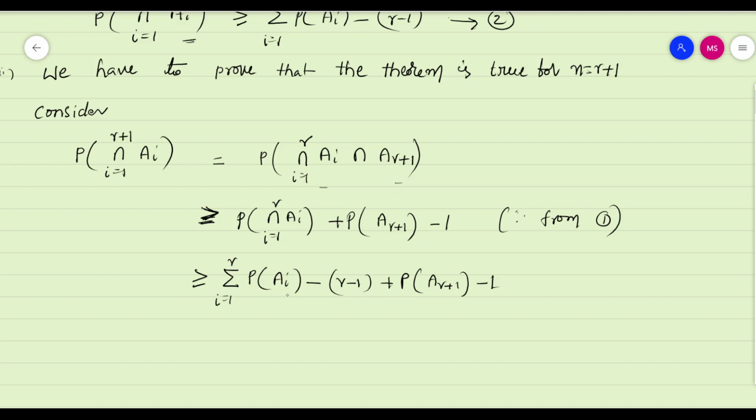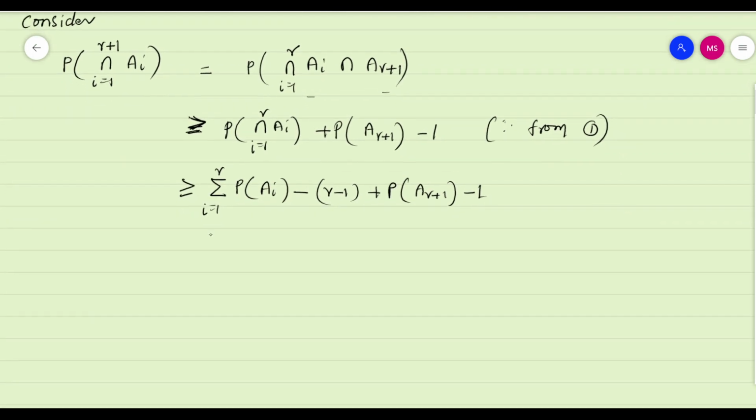So summation P of ai minus (r minus 1) plus P of a(r+1) minus 1.